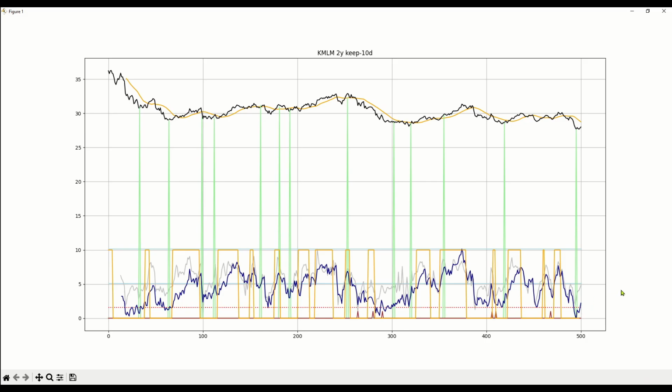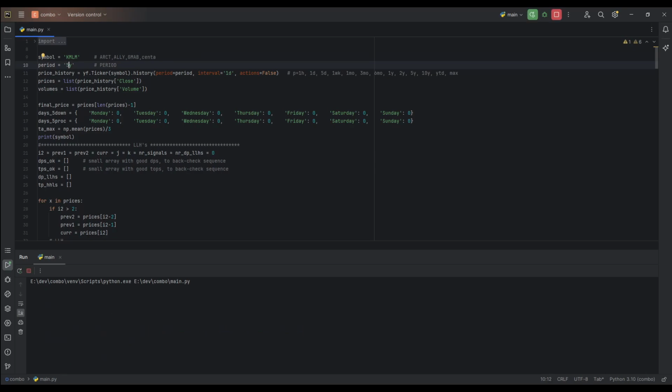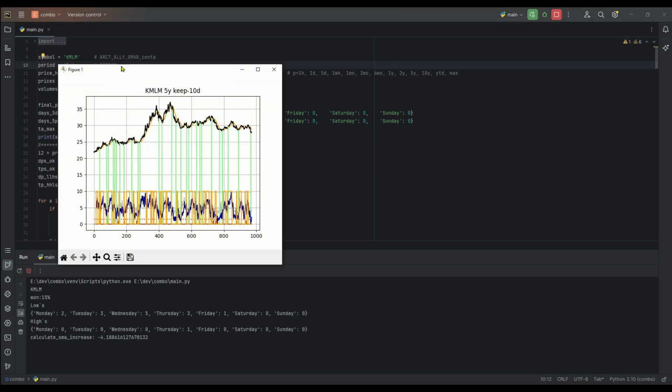It's not so far from the moving average either. So big question is if you want to feel adventurous and do something with this.